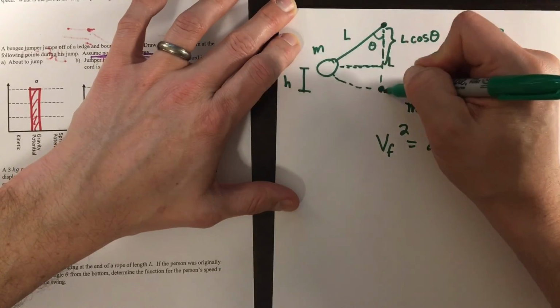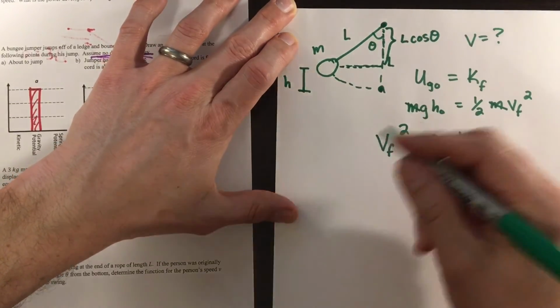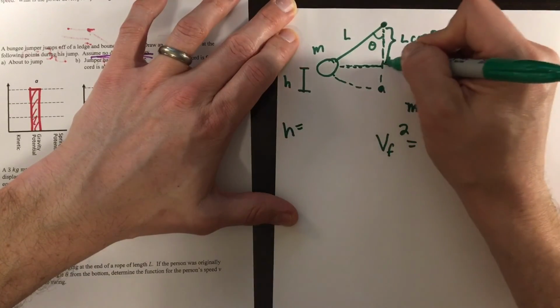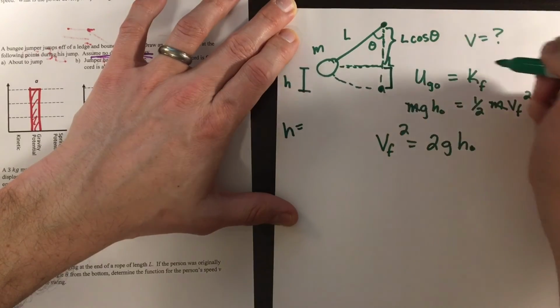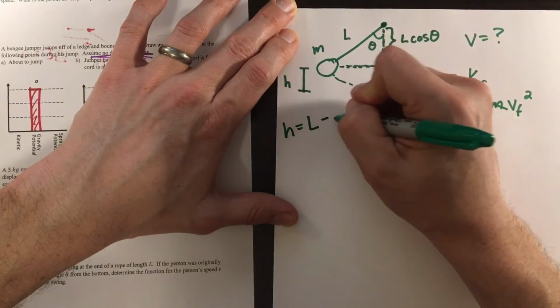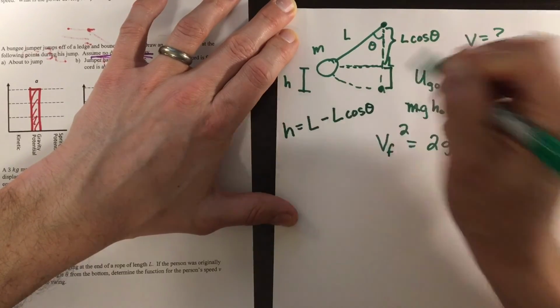And the full length is going to be L. So H is going to be that total distance. So to find this distance here, I take the total distance, which is L, subtract off this distance up here, which is L cosine of theta.